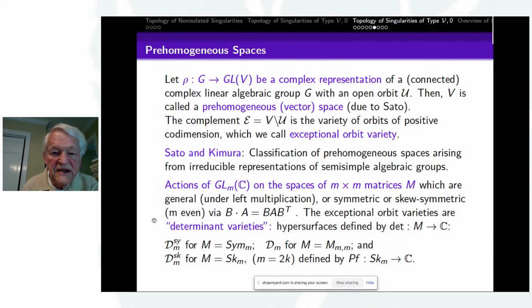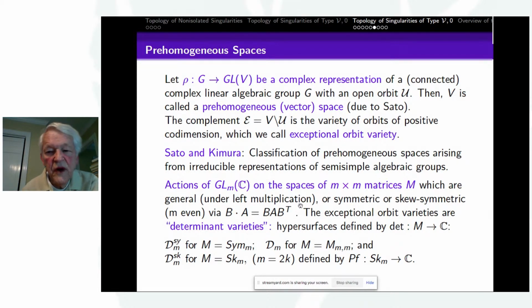But if we're looking at symmetric or skew symmetric cases, in the skew symmetric case, I'm going to restrict to the case M even here, we act on a symmetric or skew symmetric matrix A by the action of an invertible matrix B by multiplying by B on one side and B transpose on the other. And this preserves the property.